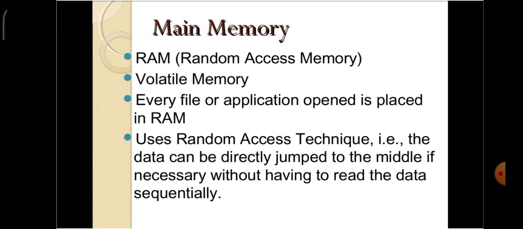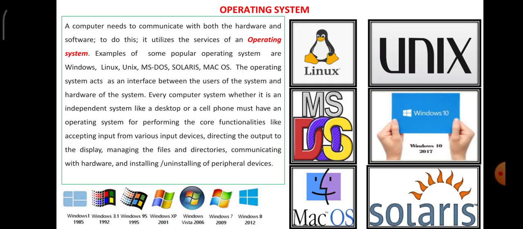It uses random access techniques, that is, the data can be directly jumped to the middle if necessary without having to read the data sequentially. That is, it need not go as 1, 2, 3, it can jump from 1 to 3. That is called random access memory. It is volatile in nature, meaning it is temporary memory.